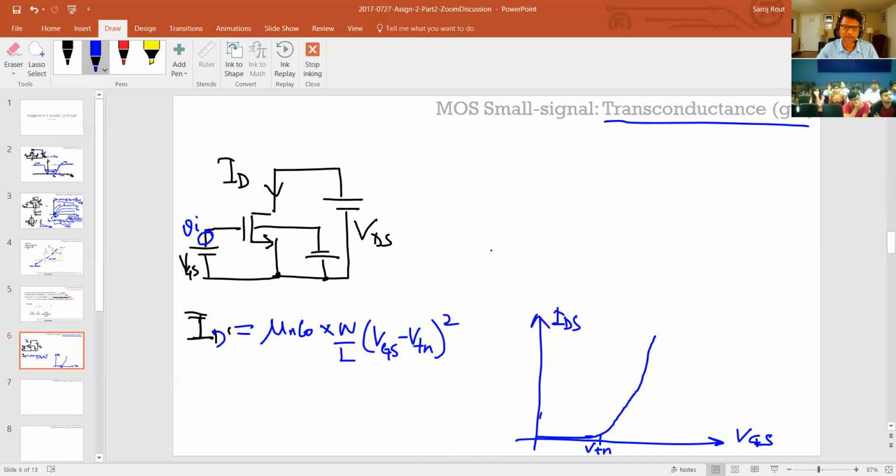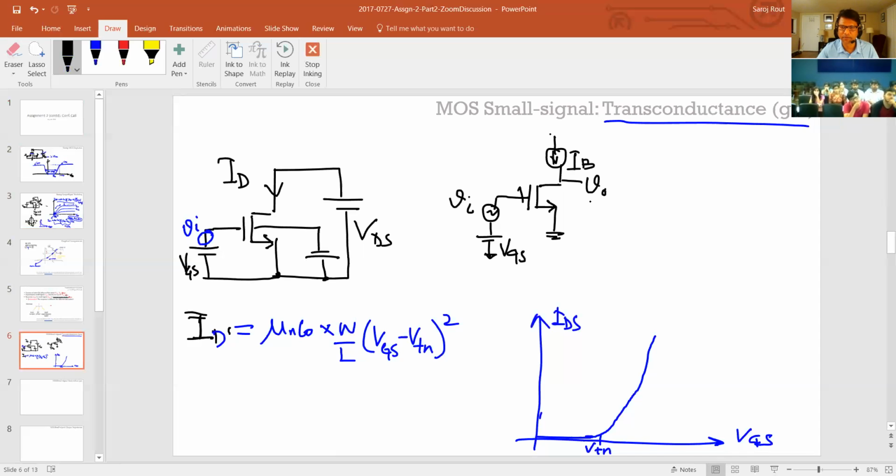Or for example, in a lot of your problems, I think you've been dealing with self-gain. So essentially self-gain is nothing but, so let's say we take this transistor here and we bias it with certain current source, let's say some IB here, and we give a small voltage across it, and we give some DC bias VGS, and we want to find out, so let's say this is small signal VI, and we want to find out V naught.